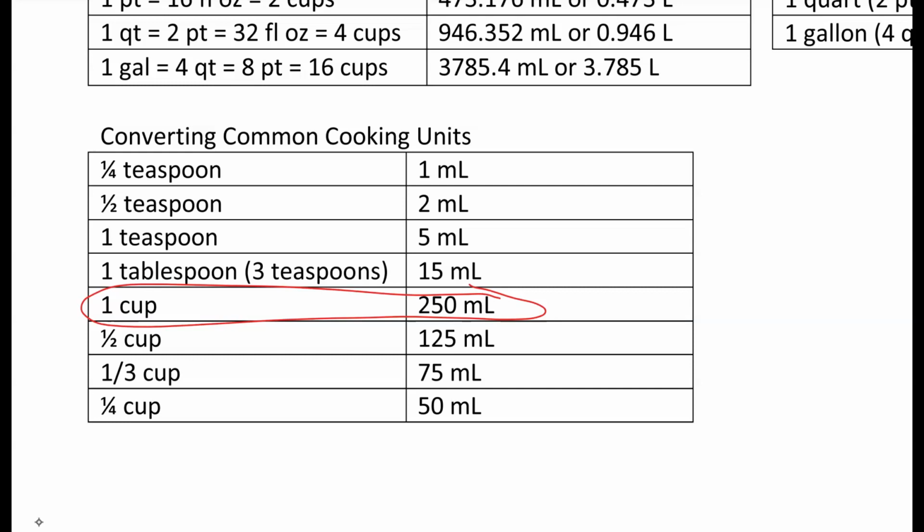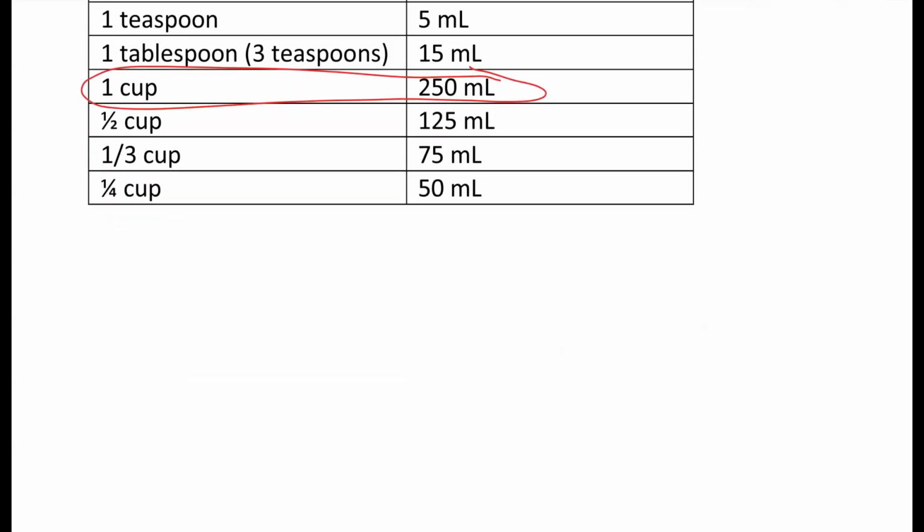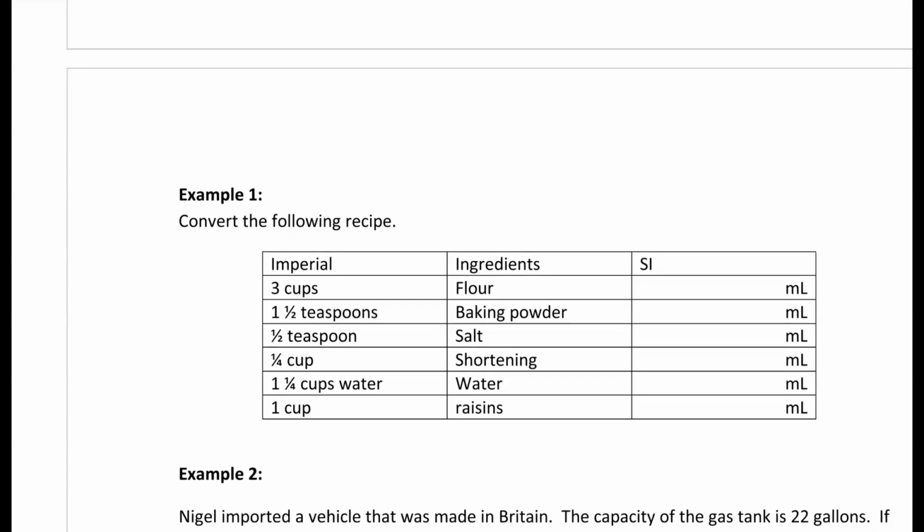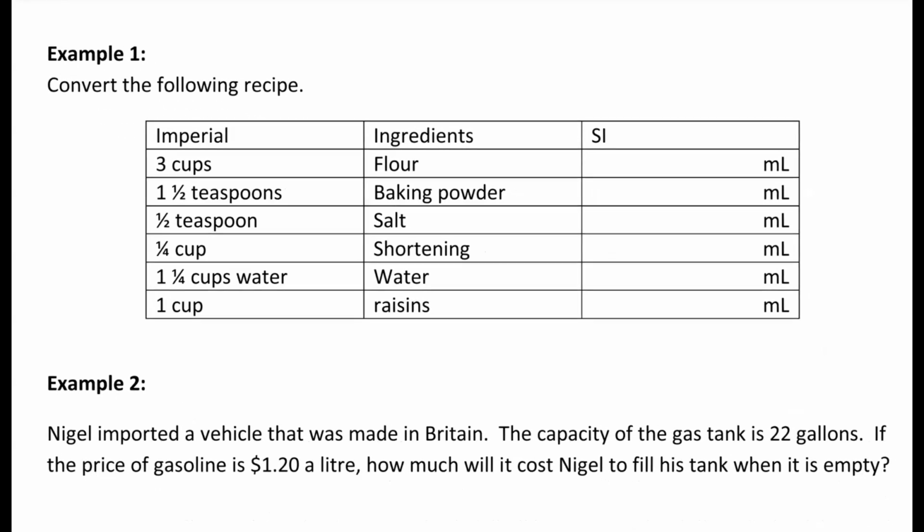So when we're doing cooking conversions this way, we're going to be using these values that we've given you. So we're not always using the exact values. That's also why often in cooking, they use a scale instead of measuring cups to make sure that you are using the exact amount.